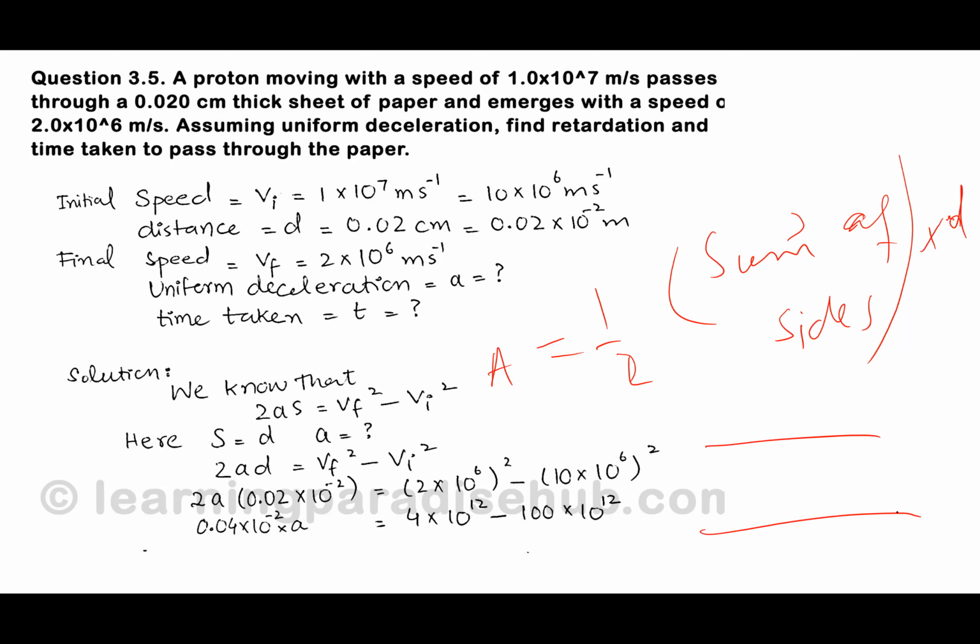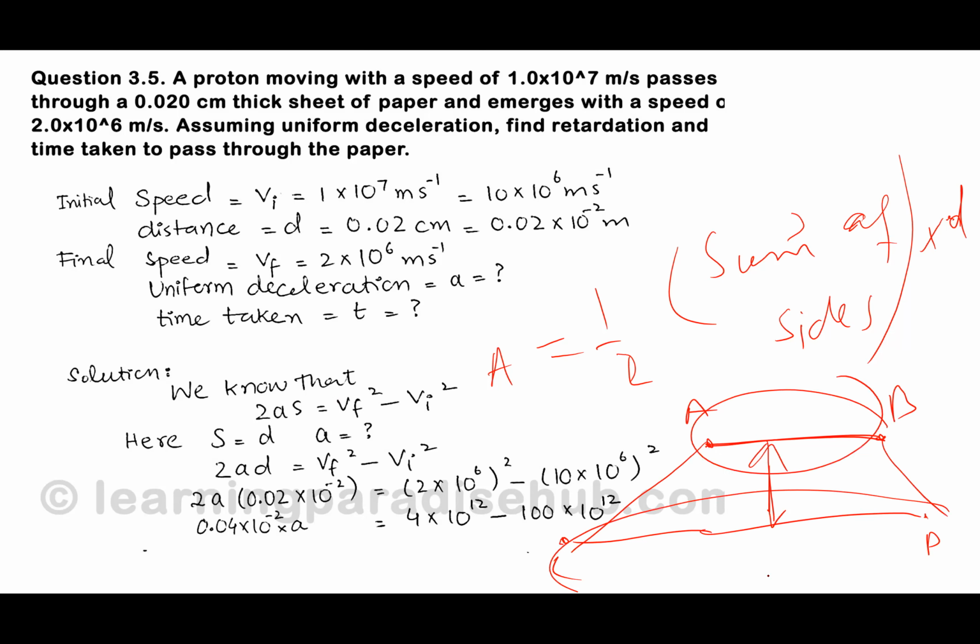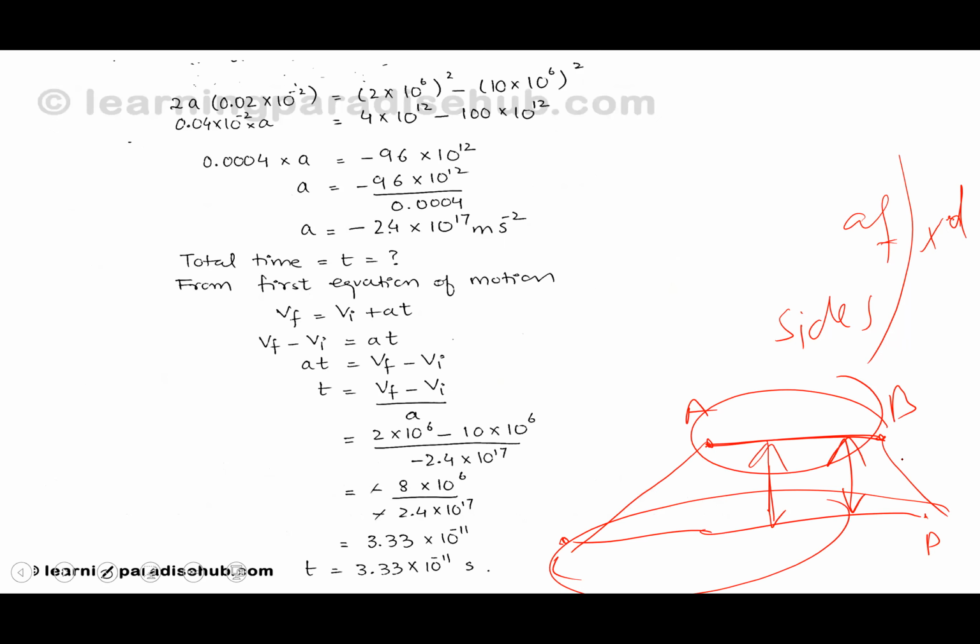If these are parallel sides, this is the distance between parallel sides. So the distance from this point to this point, C and D point. You will take the sum of these sides and multiply it with the distance between these two sides.